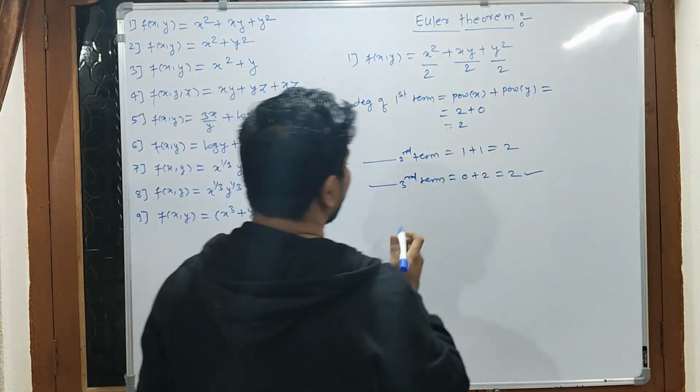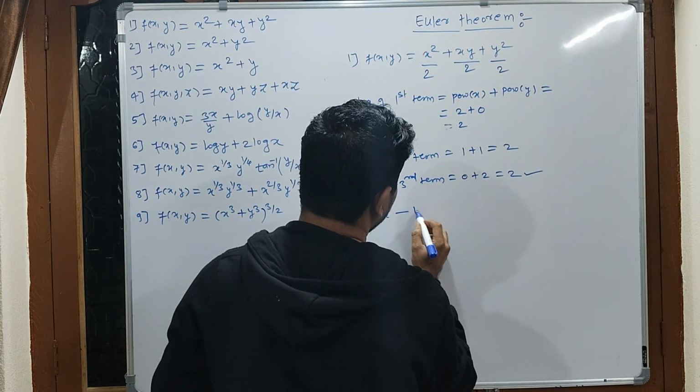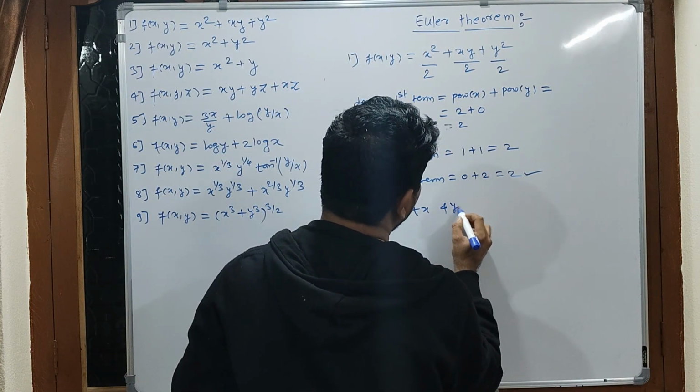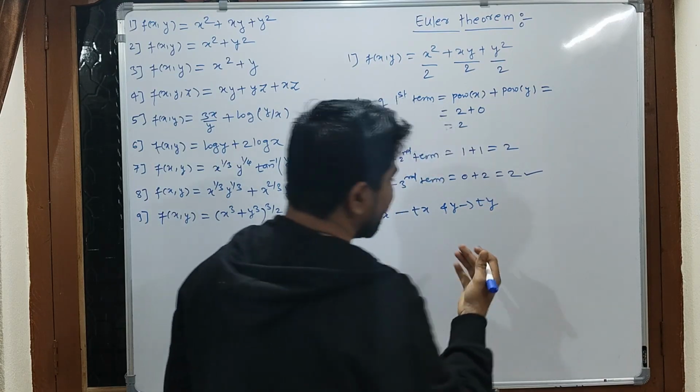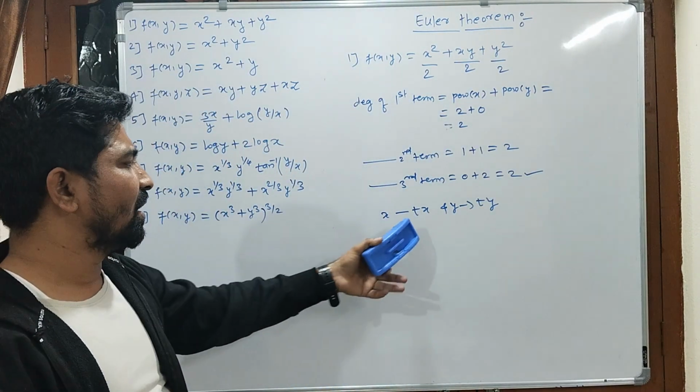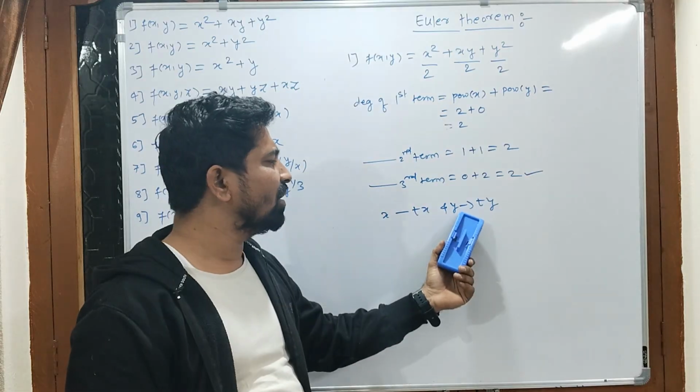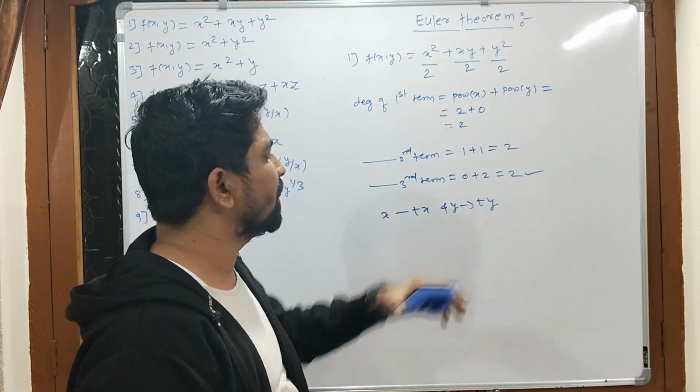Or by the definition, replace x by tx and y by ty. You can replace x by kx and y by ky; here I am taking t.